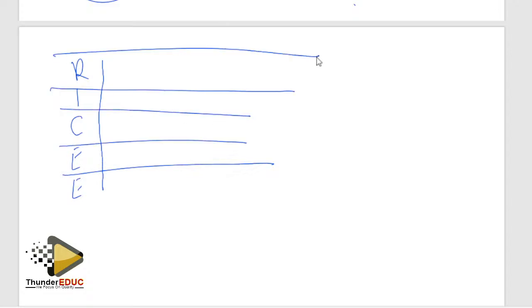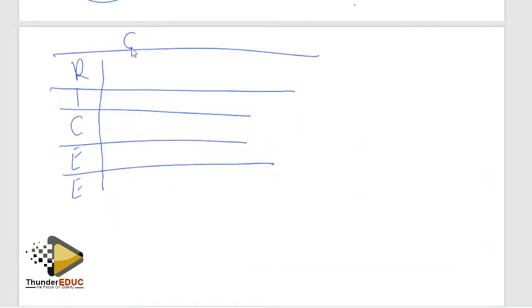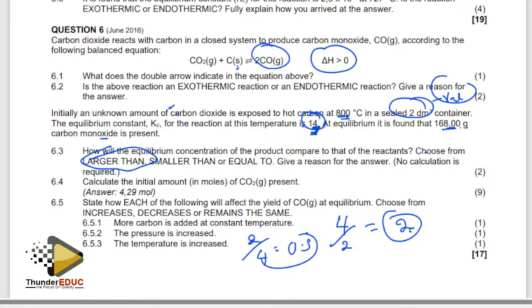So let's go to the elements. This is a gas, this is a solid, so I don't include the solid, because we don't include solids and liquids in the chemical equilibrium. So I'm gonna have carbon dioxide, and then carbon monoxide.